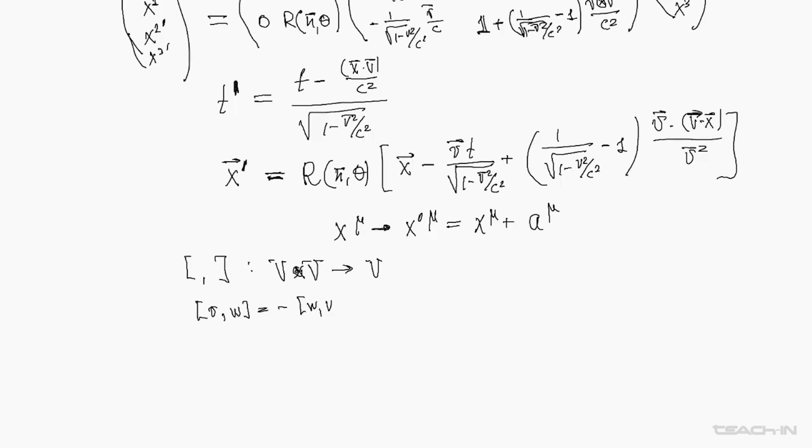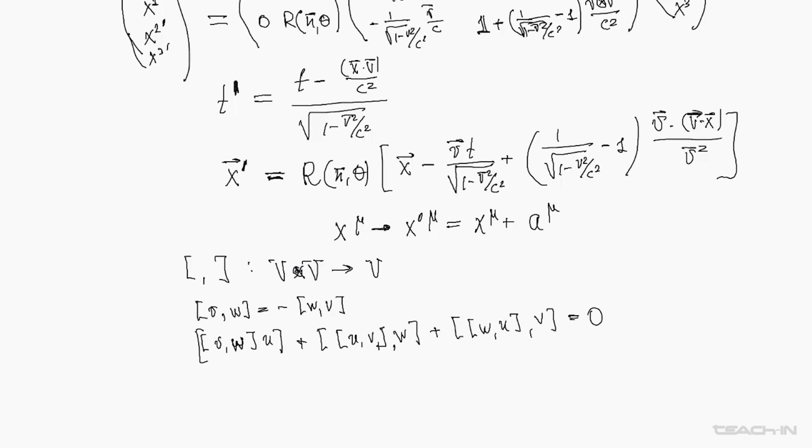So if you take three such elements, V, W, and U, and add up cyclic permutations, the commutator of U with V and W, plus the commutator of W with U and V, and so on, then the result must be equal to 0. And this operation must be bilinear. Then such a linear space is called a Lie algebra.